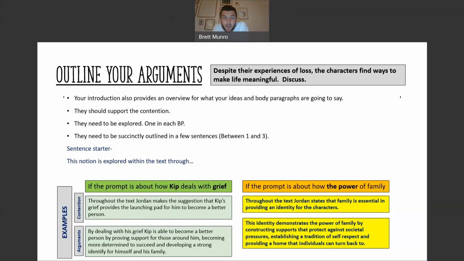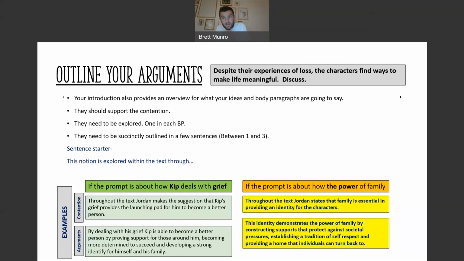And also, it's the idea that he's developing a strong identity for himself and for his family. So the Westaway family develops traditions and it develops these mementos such as the pendant and the photograph and the coin. So these relics become connections between all the members of the Westaway family.